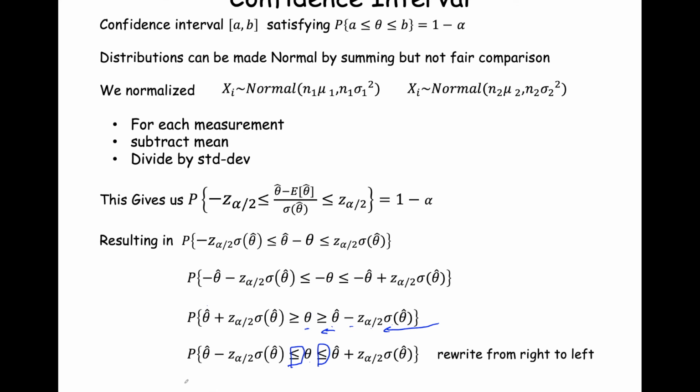And so we have the probability that theta hat minus our z-score, alpha over 2, times the standard error of theta hat, is at most theta, which is at most theta hat plus our z-score for alpha over 2, times the standard error of theta hat. Now we notice here we have theta, but we have theta hat plus or minus that z-score.